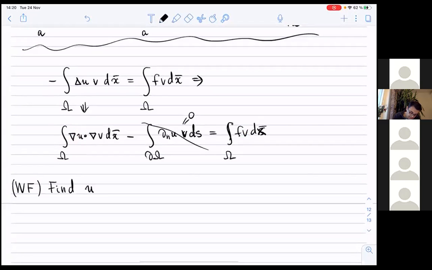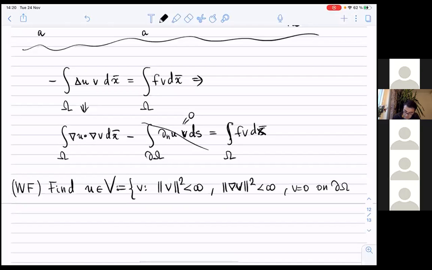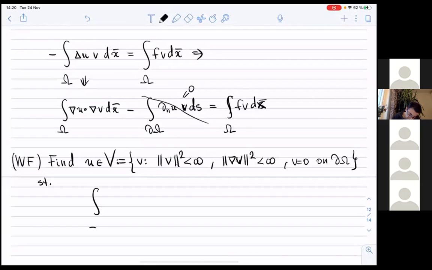Find u from this space capital V, which we define as all L2 integrable functions with L2 integrable gradient, and in addition equal to 0 on the boundary of omega, such that the following weak formulation holds: the integral of grad u times grad v dx equals the integral of f v dx in omega.